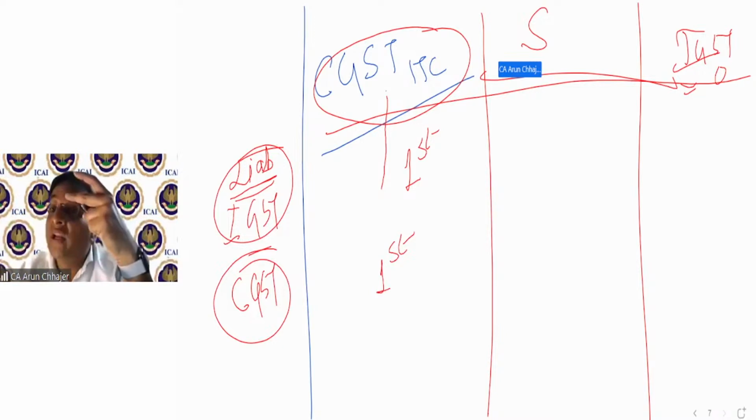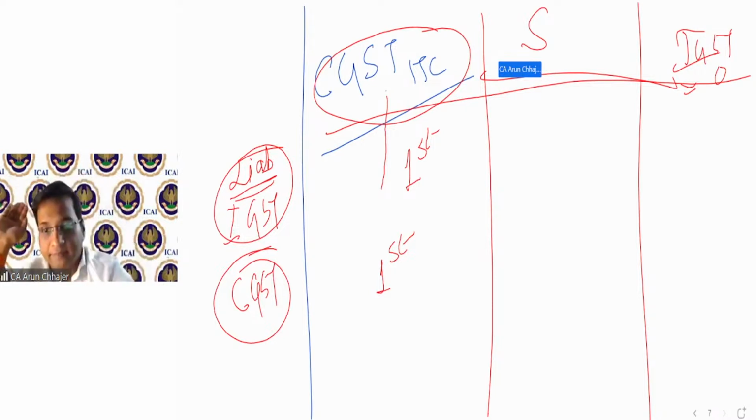So question is, who will donate first? Answer is C. When I have the ITC, I have the tax liability. Obviously, I will give the amount first to I, and if excess, then it will go to C and S. Any order, any manner, any proportion.